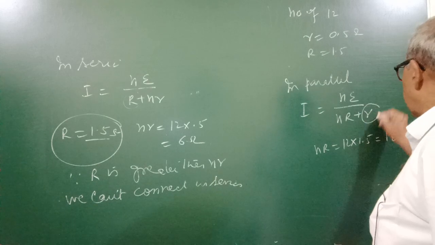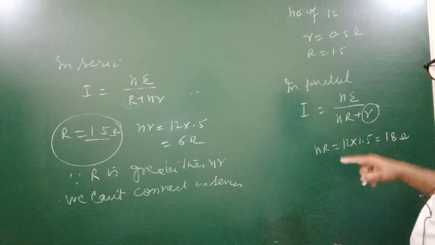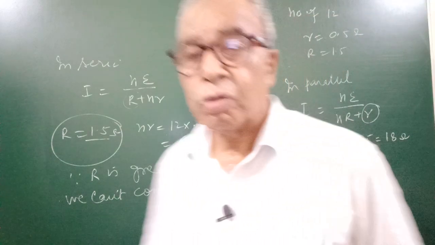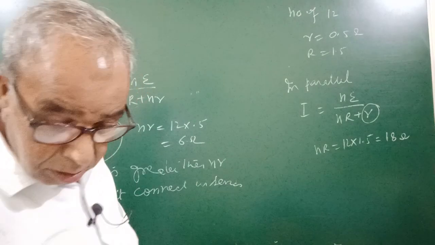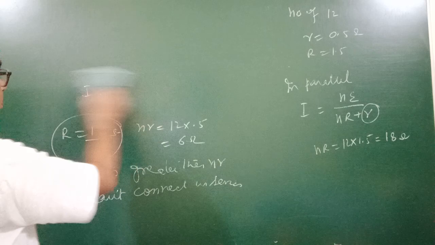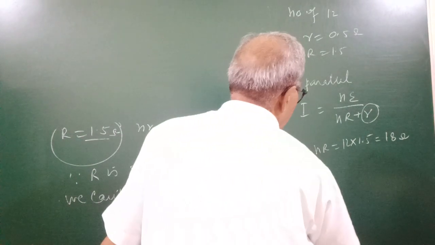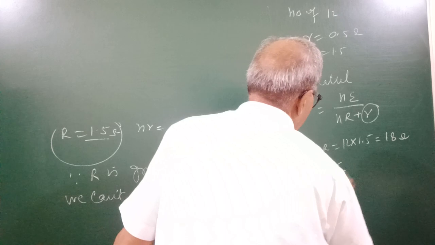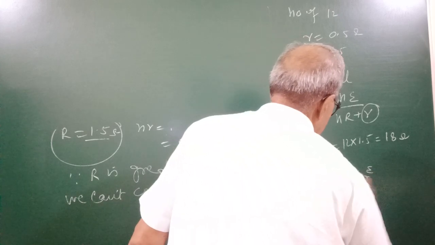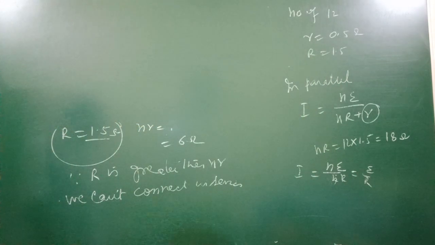So that way R is 0.5, so the current will be equal to that of a single cell. So no use of connecting in series. The option left is the mixed combination. So I equal to N upon NR, equal to E by R of a single cell. So neither in parallel nor in series.